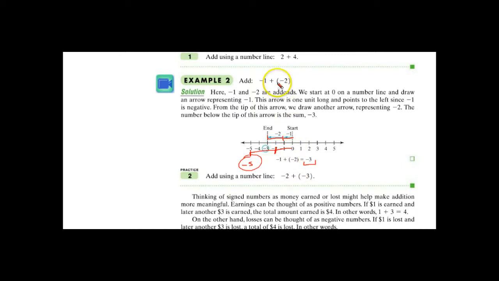Now, I don't know if you're seeing what's going on here, but if this is a negative and a negative, well, we just add the 1 and the 2 and apply the negative sign, which will give us a -3. That is, if both signs are the same, we just add them up and use that sign.